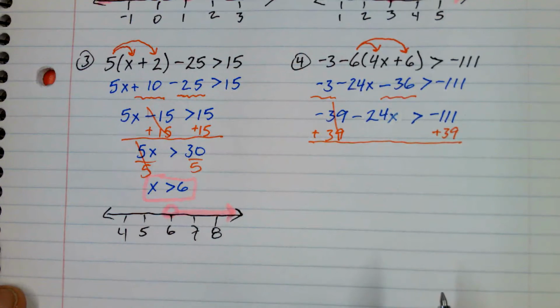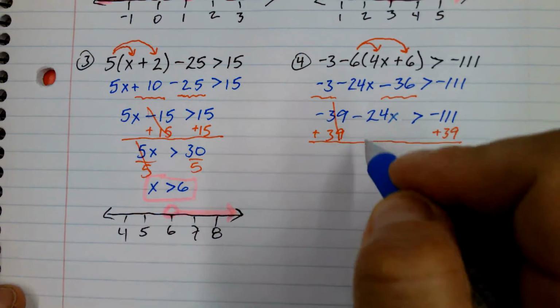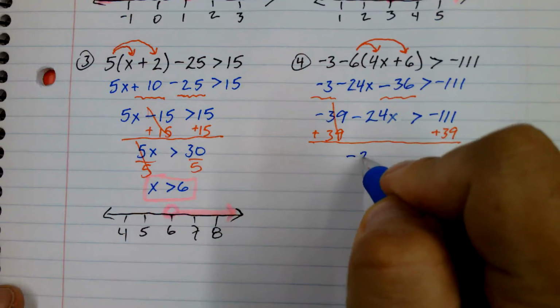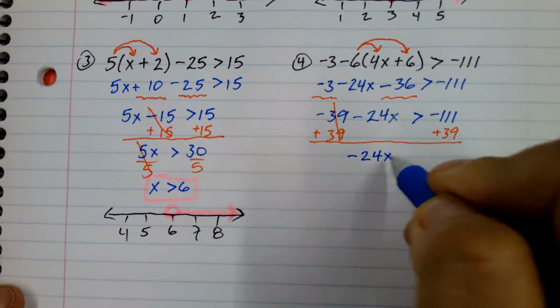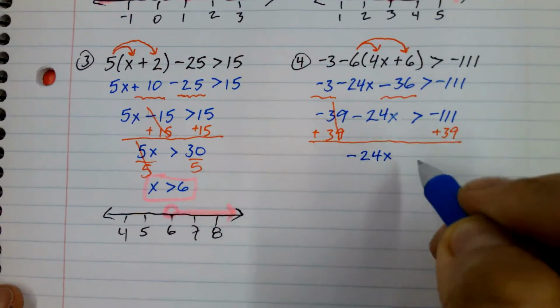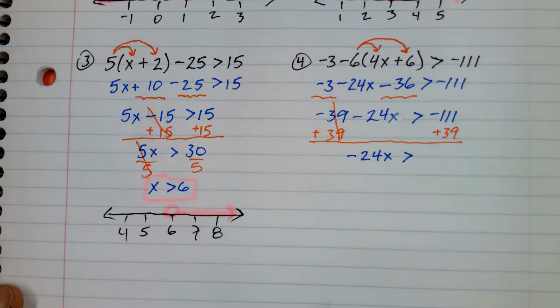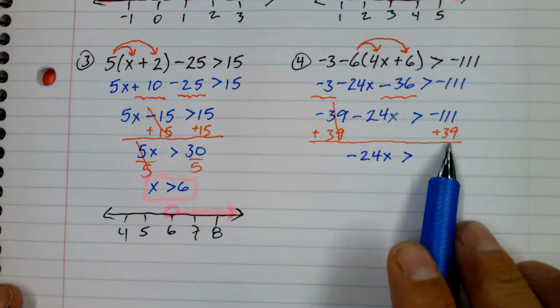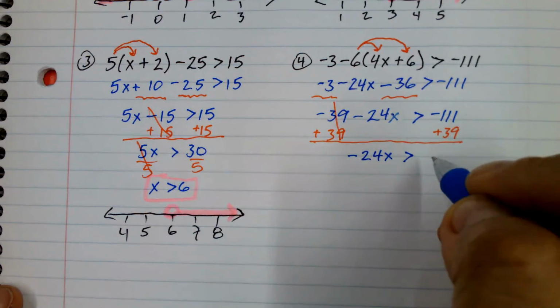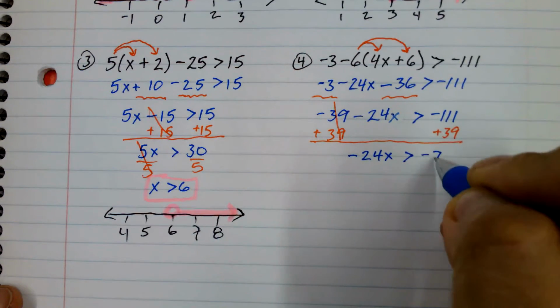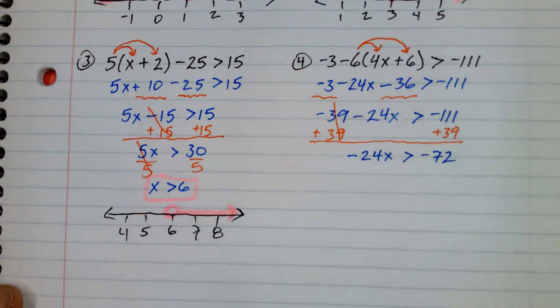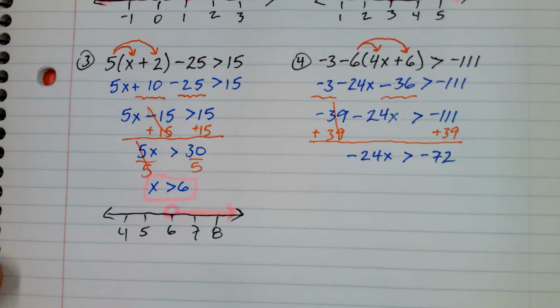Yeah. Basically, on the left side, we just have negative 24x. We didn't divide by a negative, so this stays greater than. And negative 111 plus positive 39 is negative 72. Okay. So that's what we get. Any questions?